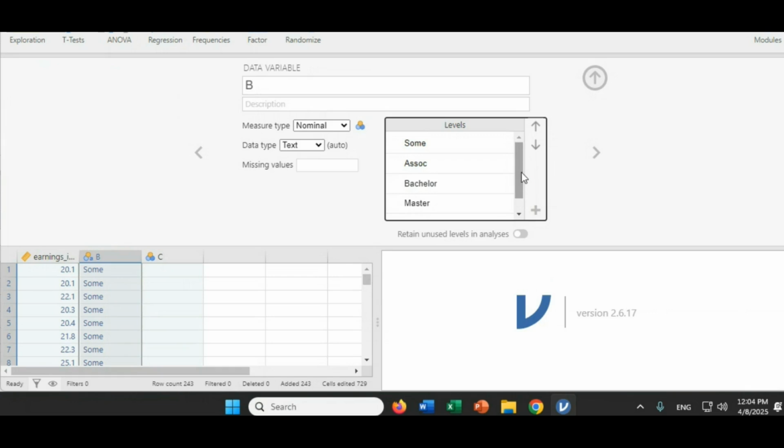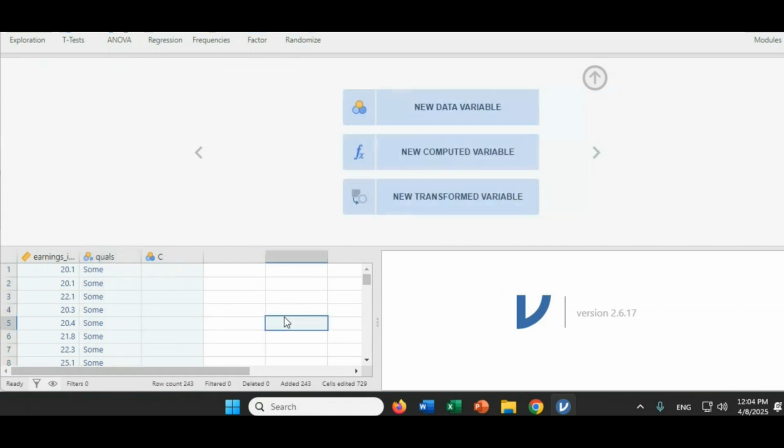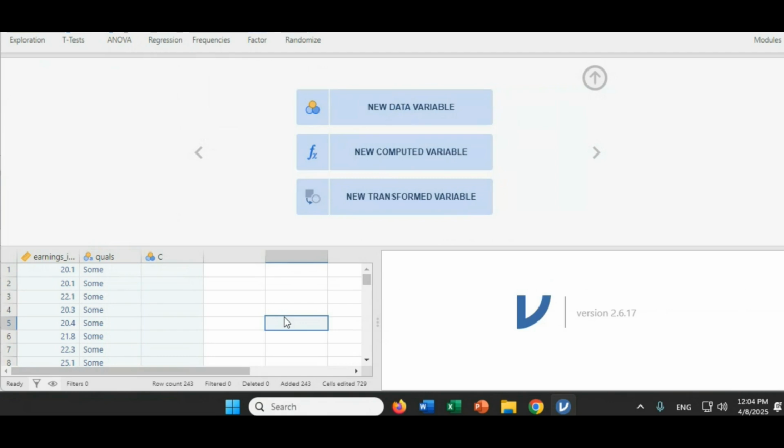Associates degrees are 2 years, so this is less than 2 years of college. We can rename this to be quals or something like that, for highest qualification. There's no need to change the measure type. It is by default correct.